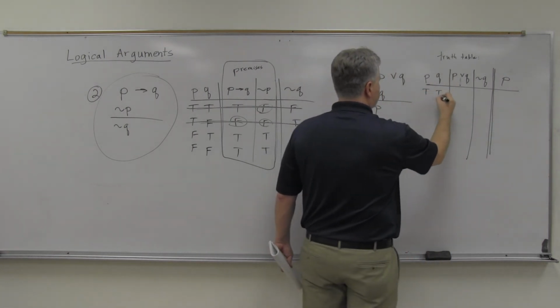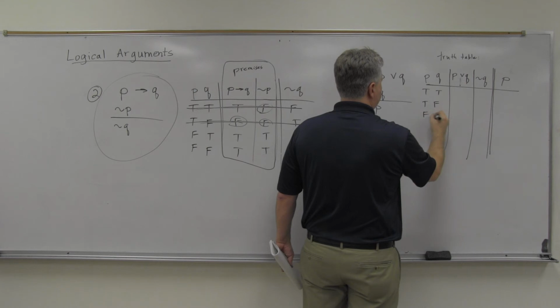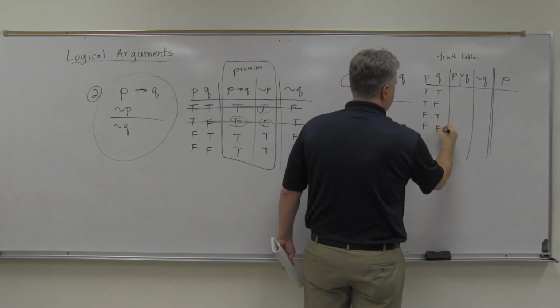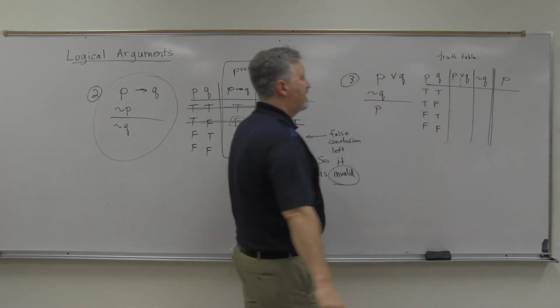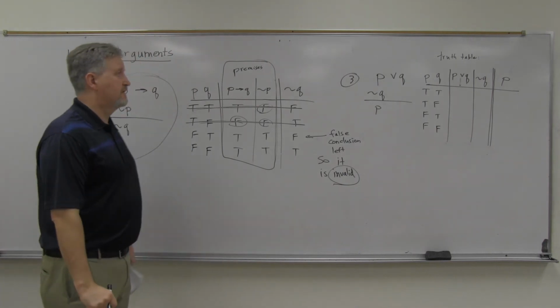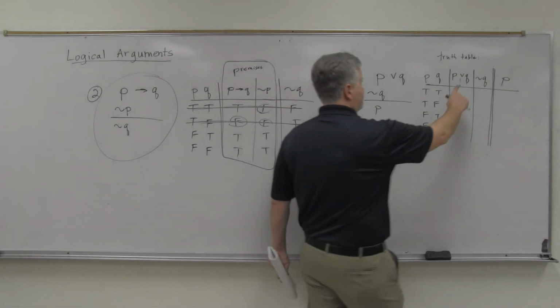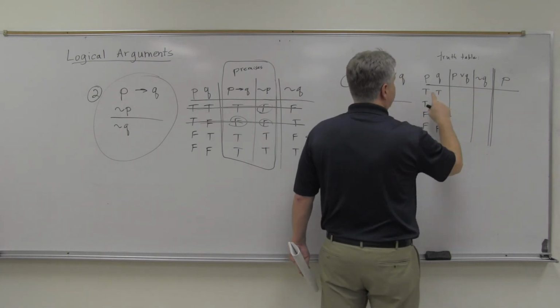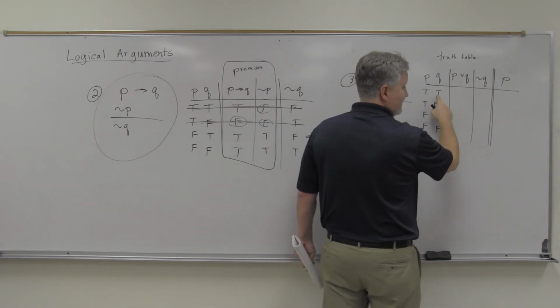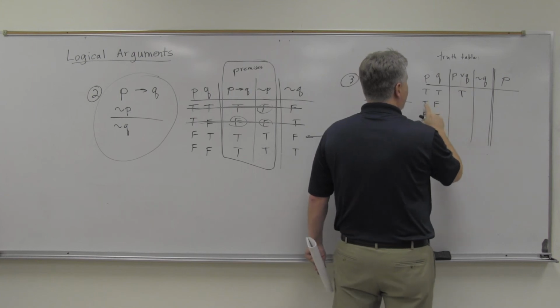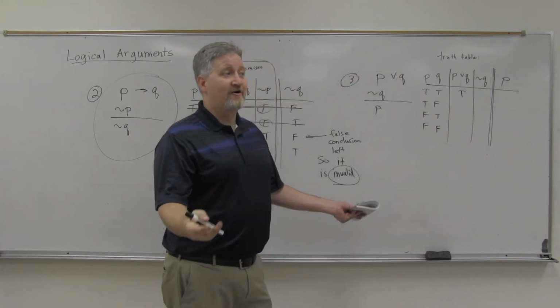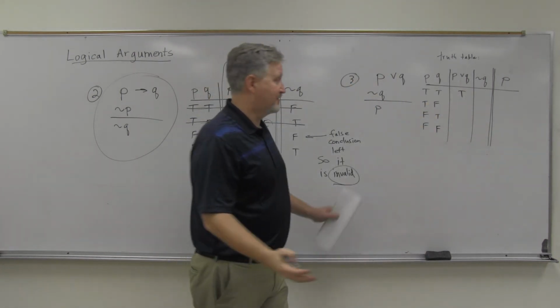So I got true, true, true, false, false, true, false, false. Change it up a little bit because now the first premise is the or statement. P or Q works a little different than an if-then statement. So we got true or true, that's true. True or false is true, isn't it?